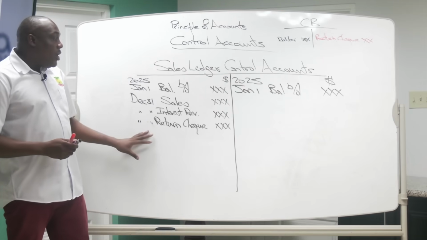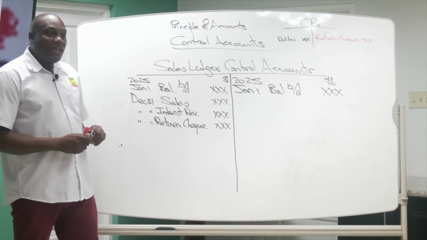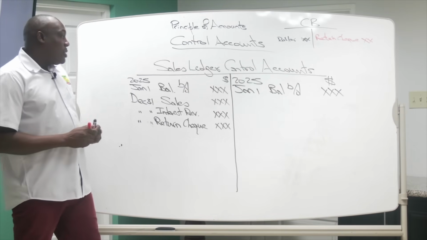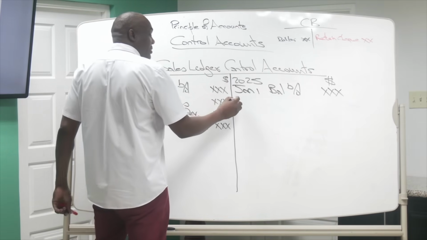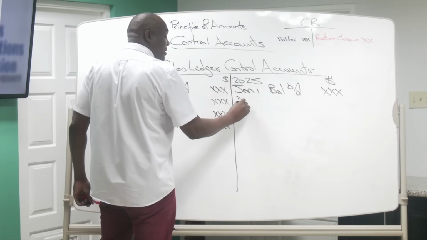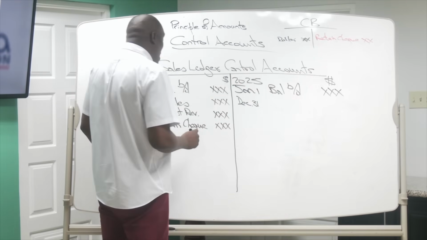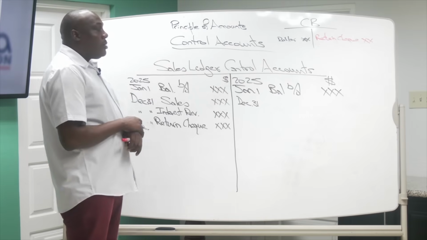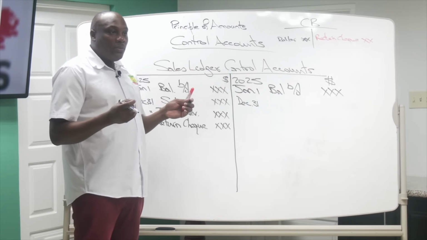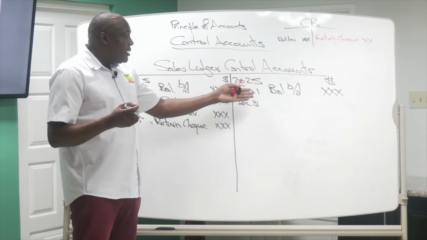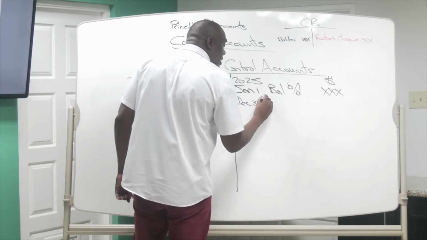Now I'm going to move on to the credit entries. Again, we continue with the date, December 31st. Now, discount allowed will be found on the credit side of the sales ledger control account.